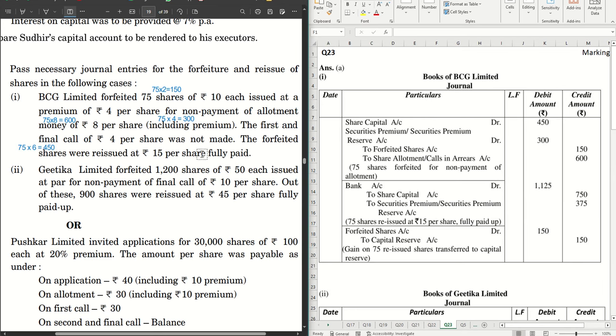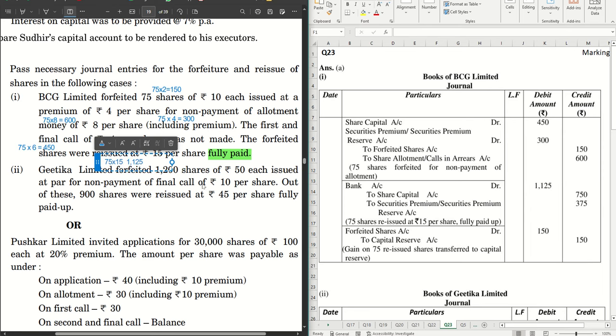Now these things are important and these are the trick words which are used in the question. Okay, so 15 per share, as you can see easily, these are issued at a higher value. That means these are issued at a premium. So all the shares are reissued. Let's do the calculation. Then bank account debit, that will be 75 shares into the issue price, which is 15. That becomes 1125.